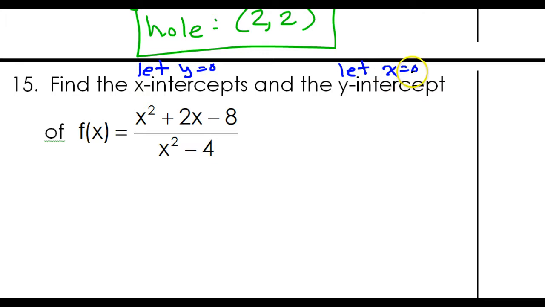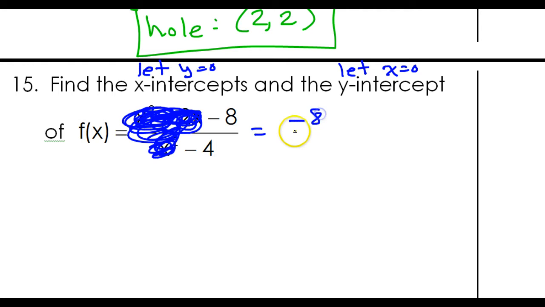If I let x equal 0, look, if x is 0, then I have 0 here, I have 0 here, and I have 0 here. That's a lot of 0, okay? And when you're adding, 0 doesn't do anything. So that's going to wipe out all this part. That's just going to leave -8 over -4, right?